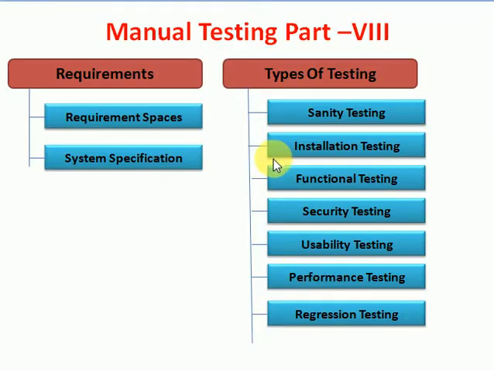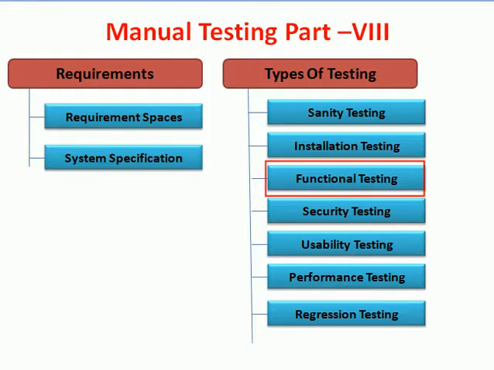Functional testing can be either scripted or exploratory. Scripted functional testing means using pre-written test cases and executing those pre-written test cases. Exploratory functional testing is working without the pre-written test cases.